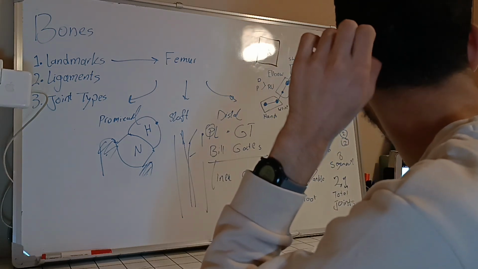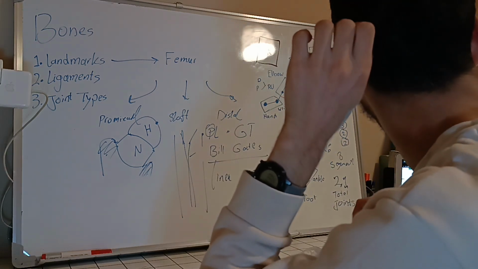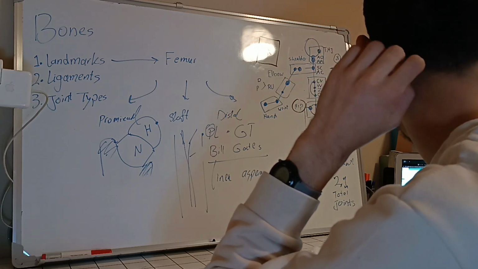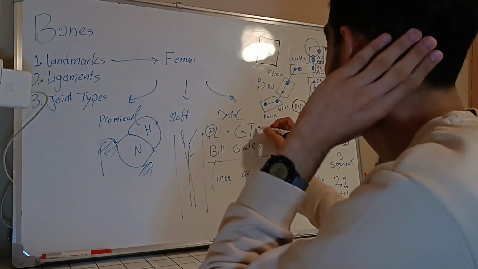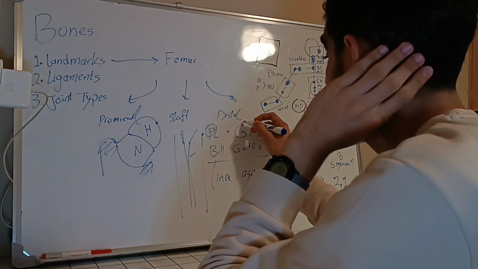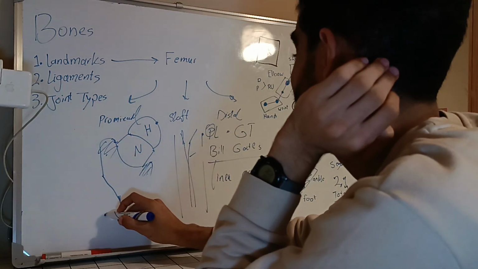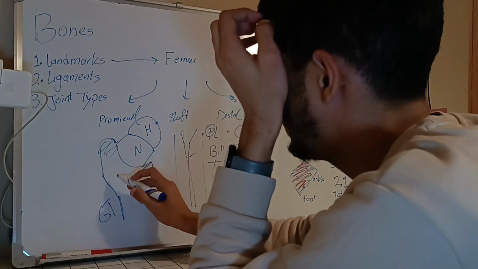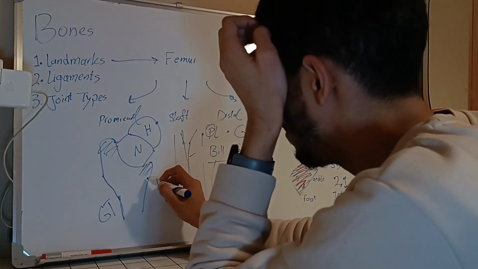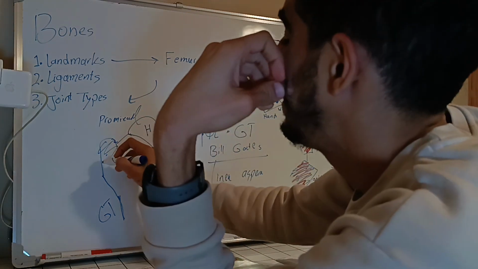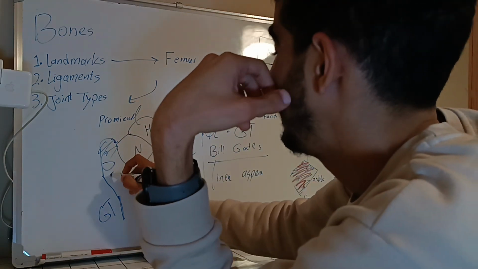The gluteal tuberosity arises from the greater trochanter, and from the lesser we can have the pectineal line. So greater and lesser.